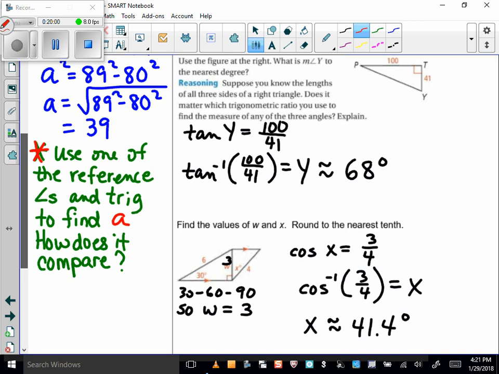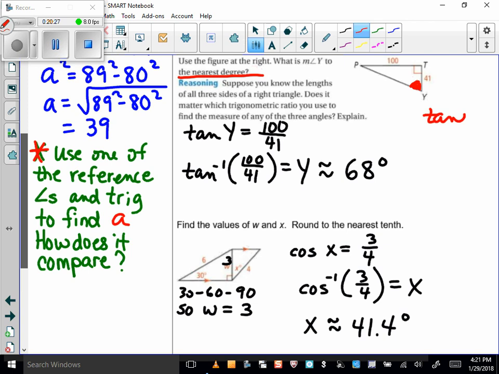Well, the two sides I'm given relative to angle y are the opposite side and the adjacent side, which tells me I've got to use the tangent. And then I do the inverse, and I get that it's approximately 68. Why did I round it to 68? Because it told me to round to the nearest degree. This is where you will lose points on your test, because you won't follow the directions and round to whatever I tell you to. All right, so there's that one.